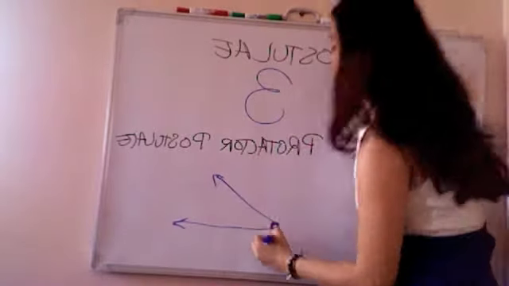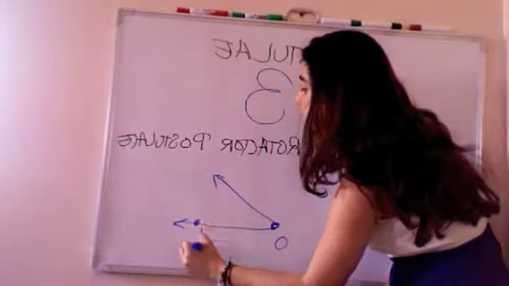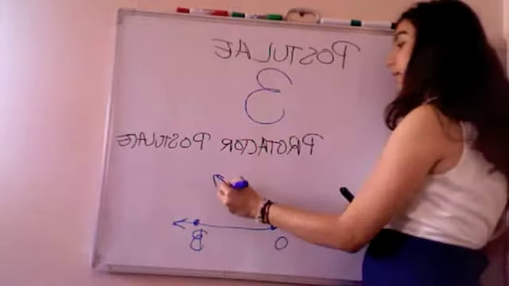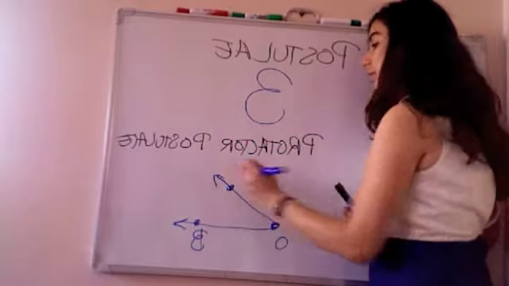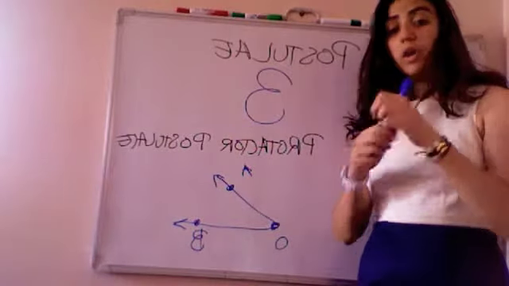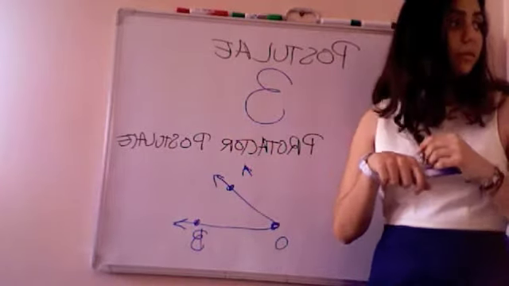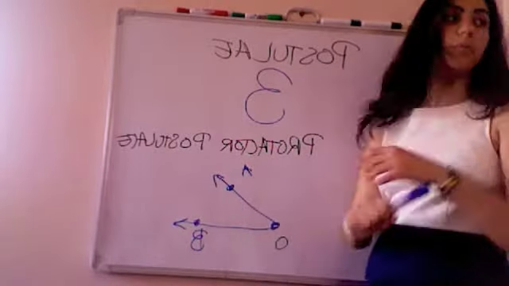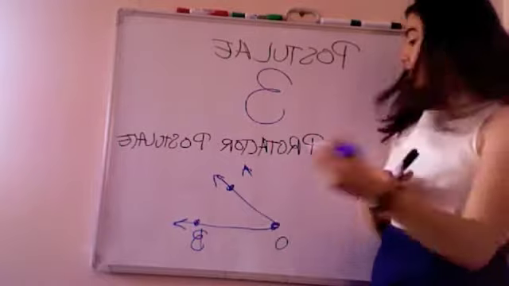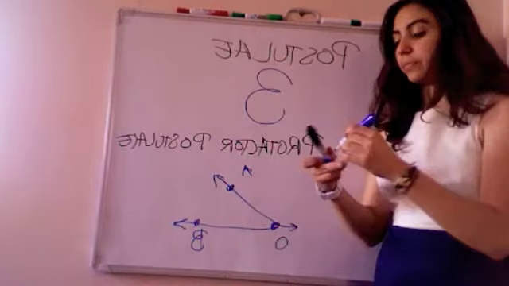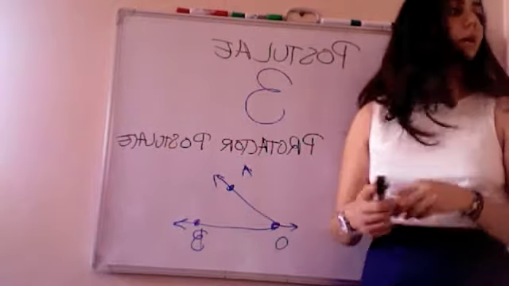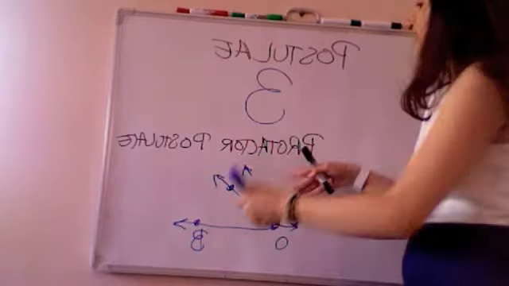This we will call O, and this B, and this A. What the protractor postulate states is that, let's consider this ray OB. It's actually a line. And of course the point A. So they're on one side of OB.